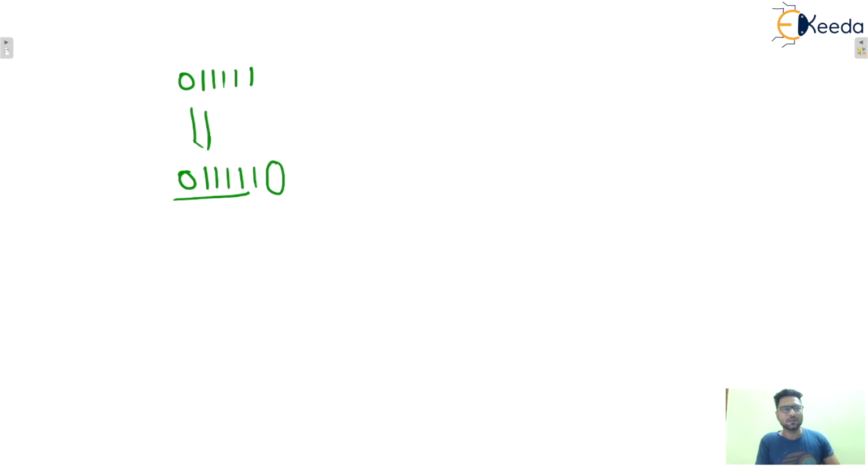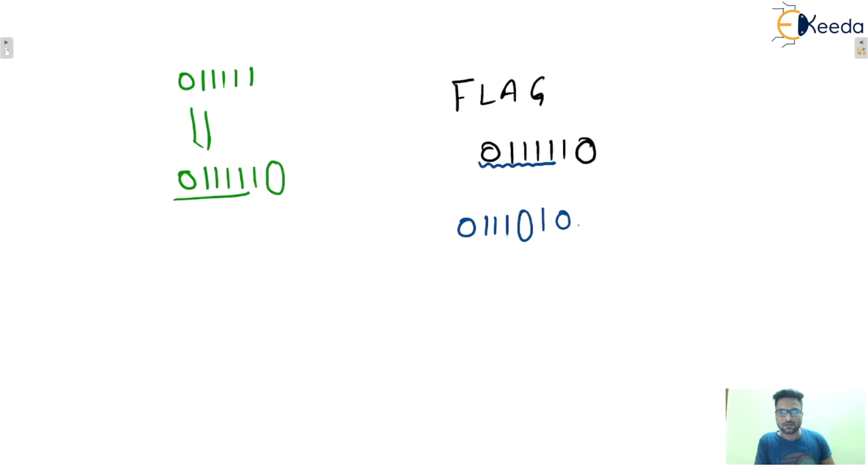Okay, next one. Let's say the flag is like that, 0 followed by 5 ones, then 0. Now what will happen? Then after 0 followed by 4 ones, a 0 will be stuffed. Now the rule will be: whenever 0 followed by 4 ones is there, a 0 will be stuffed.